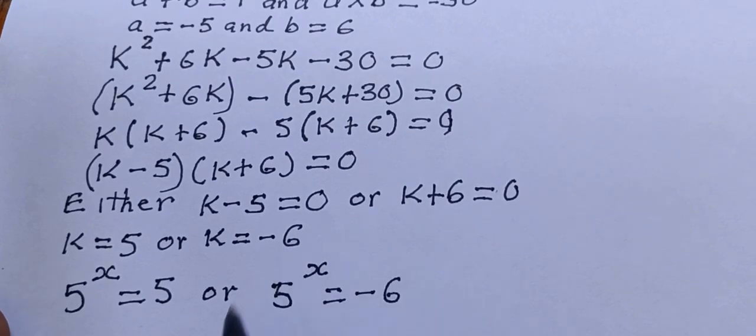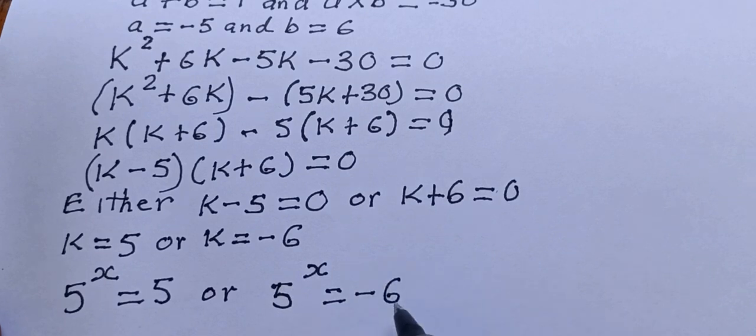Actually, this side does not satisfy our answer because, as you know, putting any number here in x, we are going to get a positive value, while this side has a negative value. So this one is rejected. We are going to deal with only this side, which is 5 raised to power x equals 5.